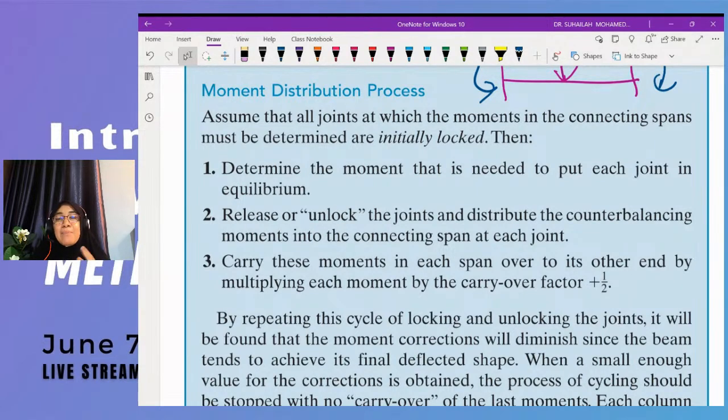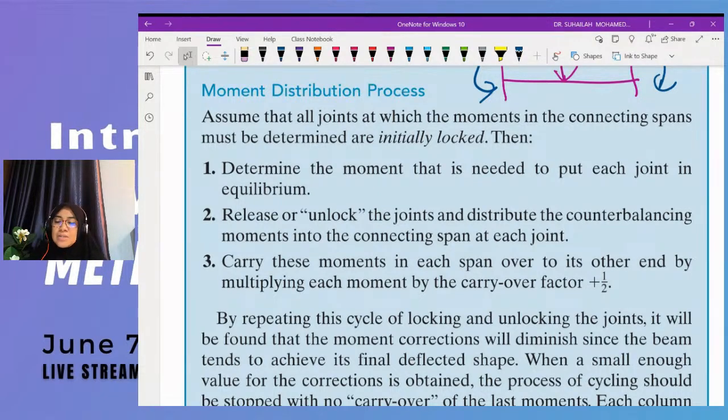Remember, the fixed end moment is the first member end moment in the table. So we need to find the total moment, or the joint moment, and we distribute it to the members, including the distribution factor in the process.